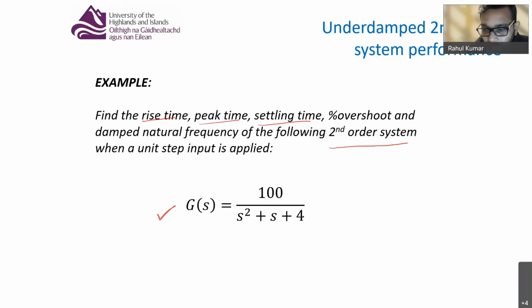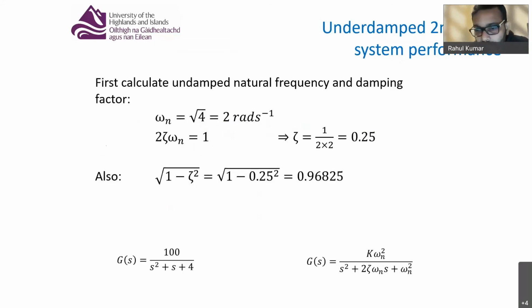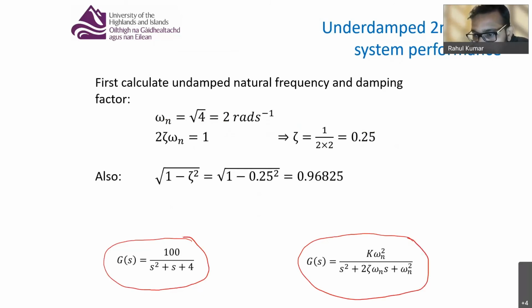Okay. Now, as mentioned, the first step would be to compare the given transfer function with the generalized or the standard transfer function of second order, and find the value of omega n and zeta.